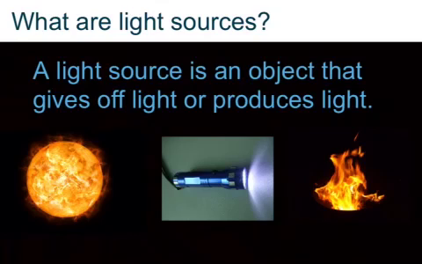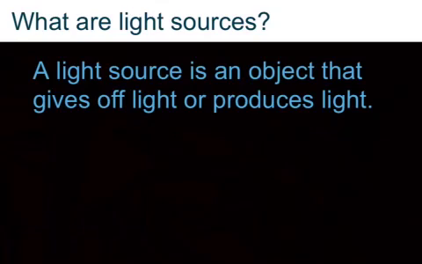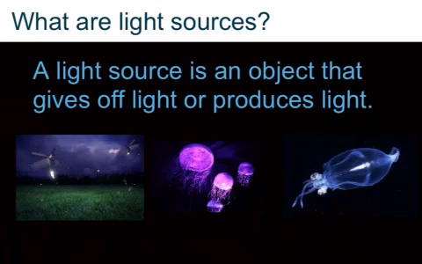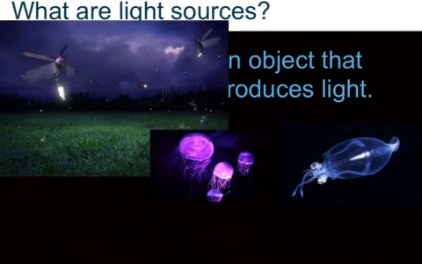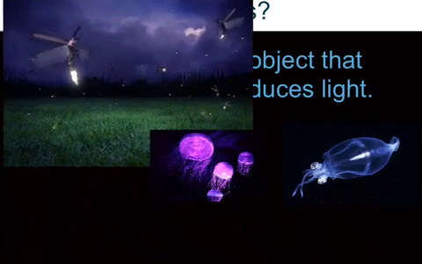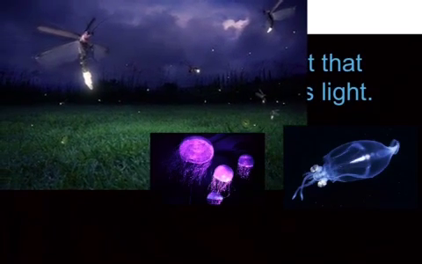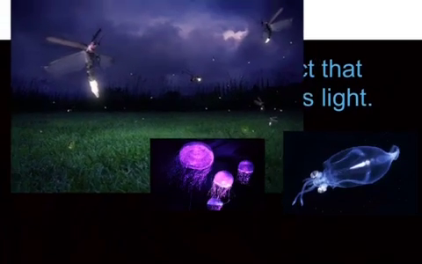And since anything that produces light is a light source, in nature there are also some animals that are able to produce light. For example, fireflies. You can see the fireflies in this picture here.